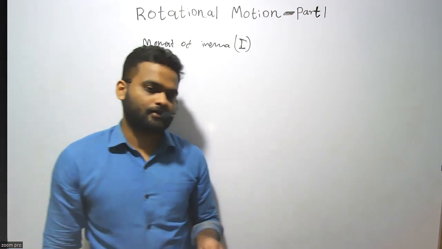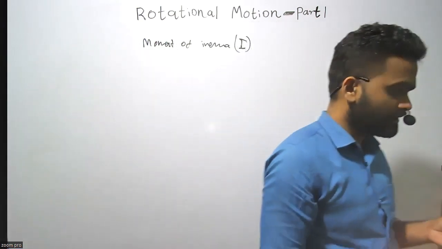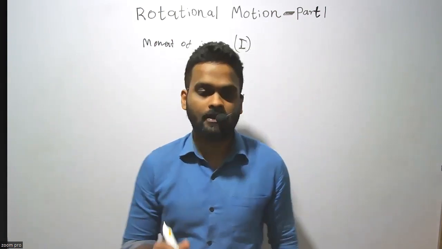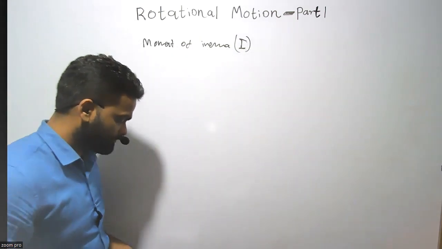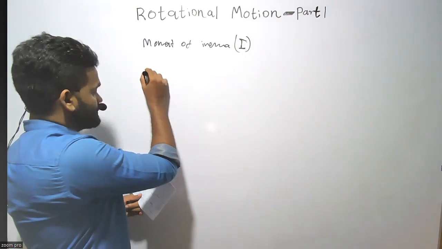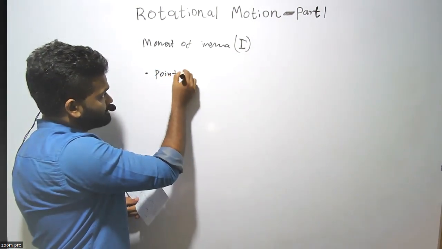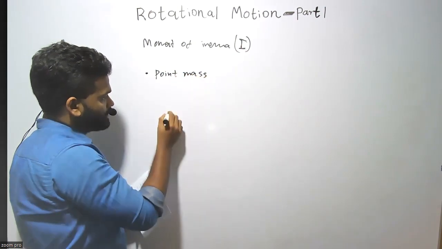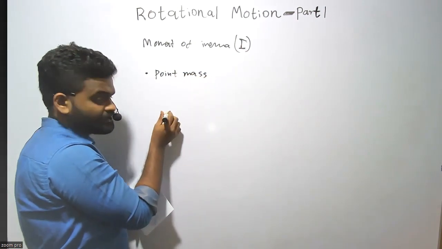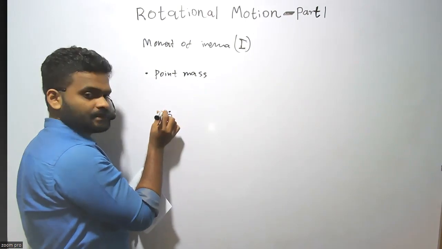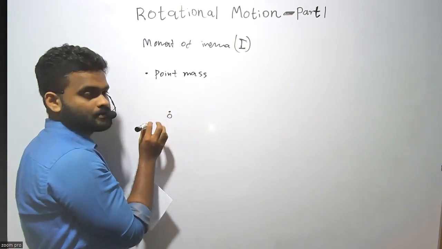Okay, so to clarify this further, we'll see for different scenarios how this equation can be applied. So the first object we are going to do is a point mass. So let's say this is the rotational axis. Even though I'm drawing it like a point, it is an axis going through the board.